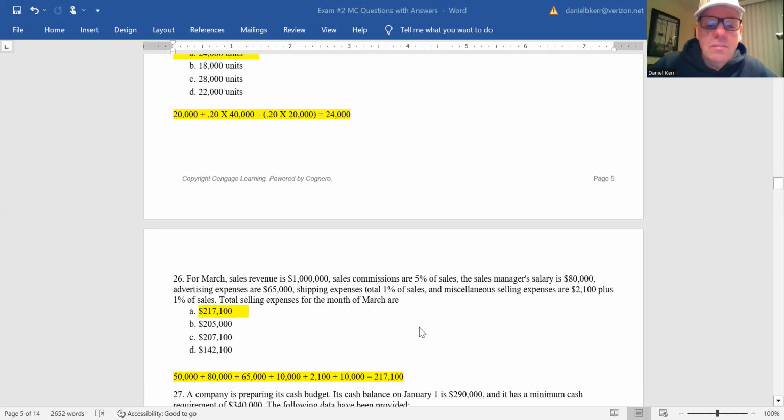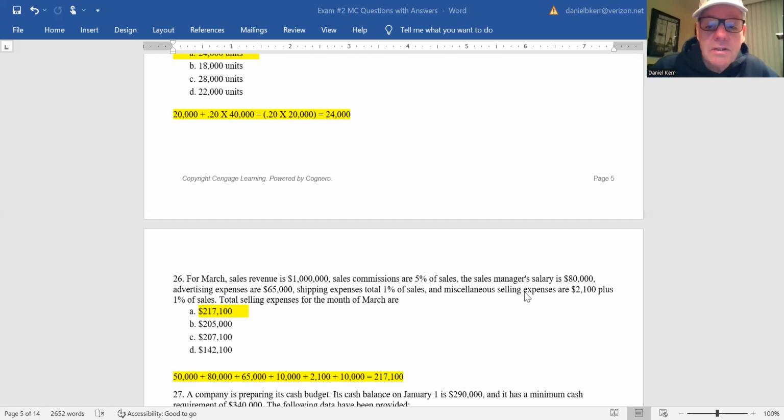Okay, so here, they're just asking us what the total selling expenses were. So you have to look at all these costs here and figure out what the selling expenses are. So sales commissions is 5% of $1 million. Sales manager is 80,000. Selling advertising expenses are 65,000. Shipping expenses are 1% of sales. And what else we got here?